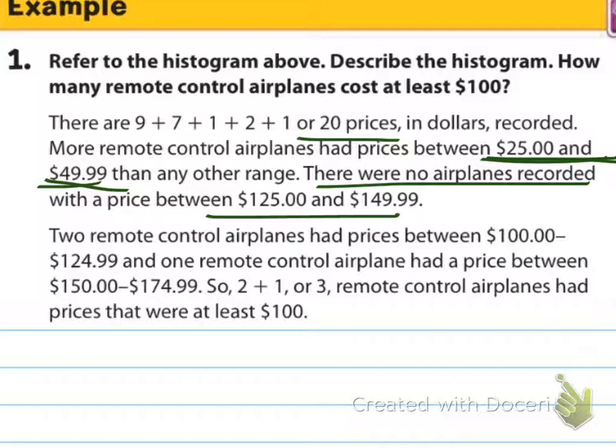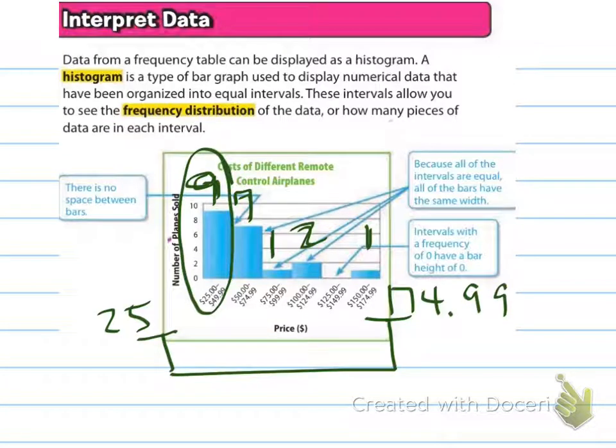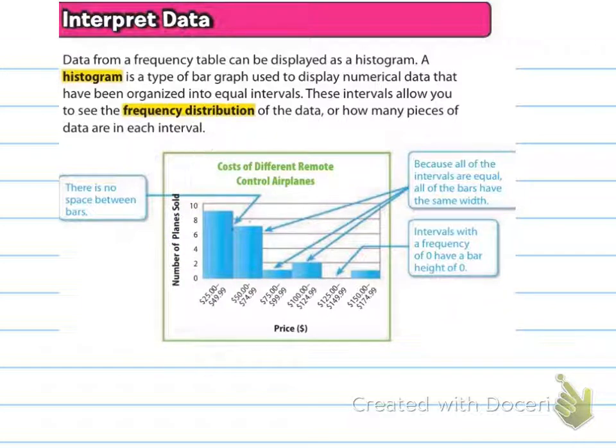The second part wants us to say how many remote control airplanes cost at least $100. When we're talking about at least $100, this is where it comes in handy to understand our old inequalities. If it's under $100, it's not going to include this set right here, or this set, or the 150 area.